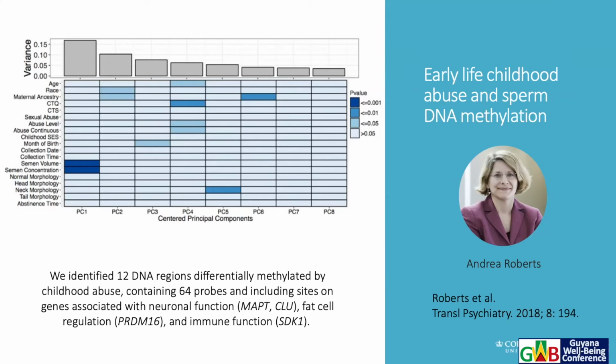So this seems to be exactly the parallel of the rat study I just showed. It seems that those of us who had a history of child abuse have changes in DNA methylation in our sperm, and the question remains whether these changes matter for our children. But this is really, in a way, unsettling and important to be followed up.